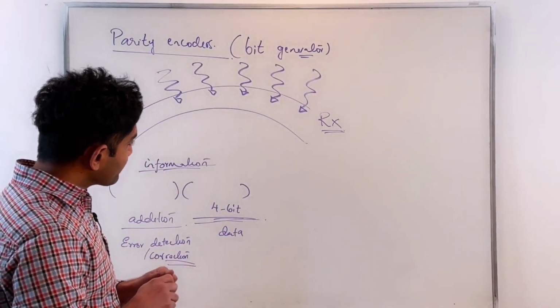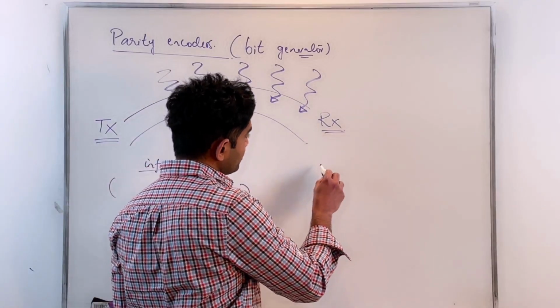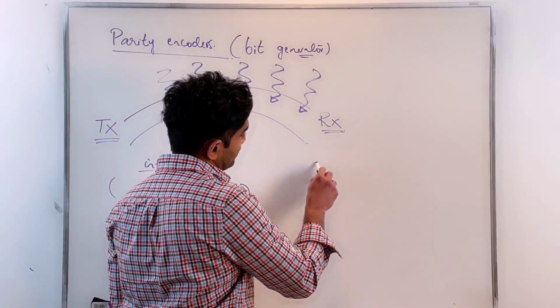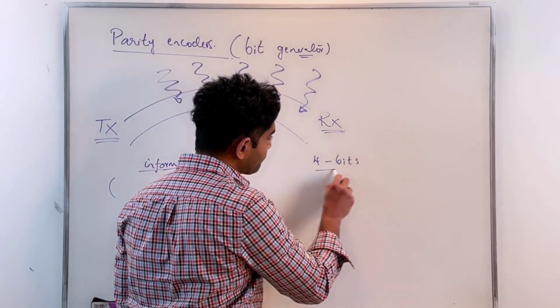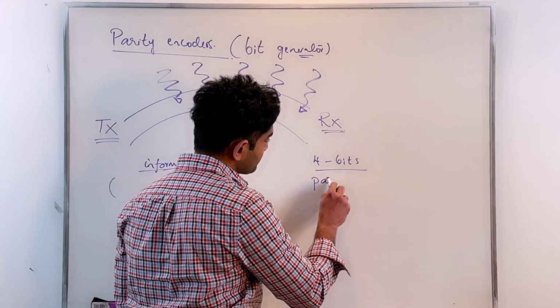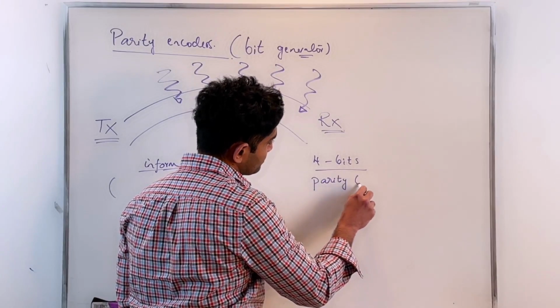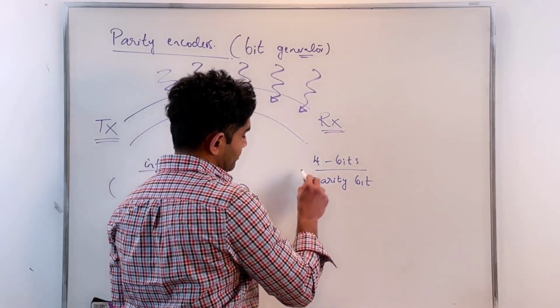Now, what I can do is, because I'm working with 4 bits, I will define what is called a parity bit. Let's say I'm working with odd parity.